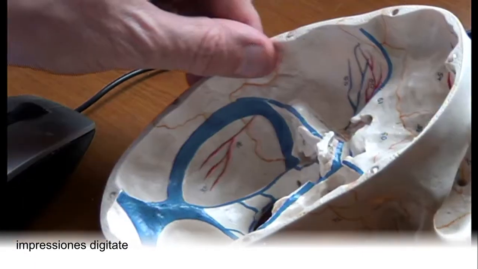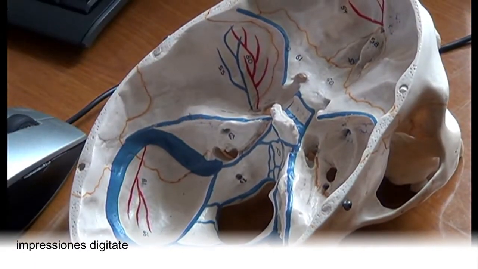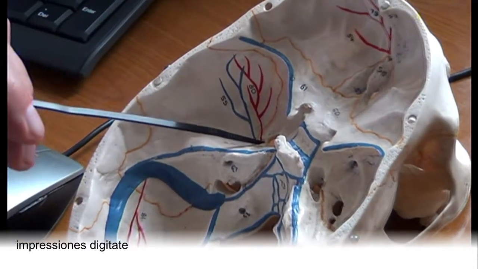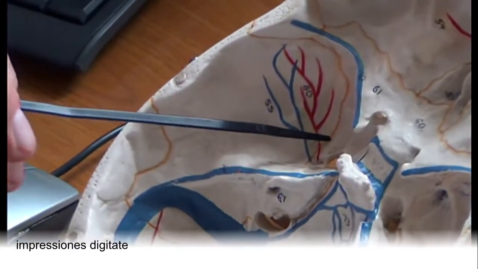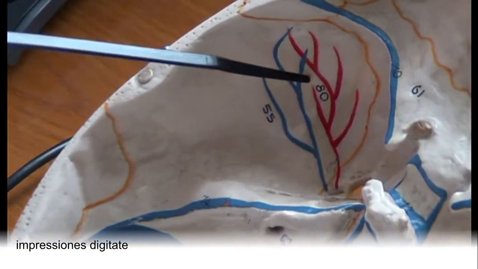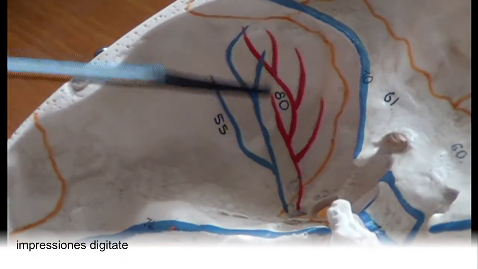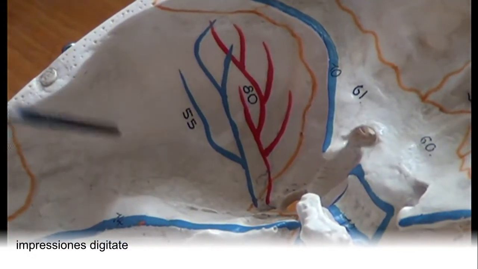Let me turn the specimen this way. You can see that it is colorized by special vessels, arterial vessels, which take place here.